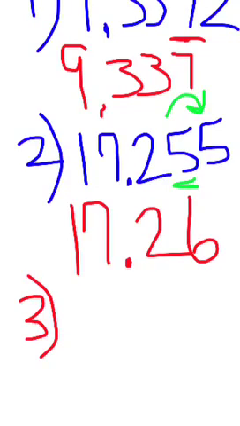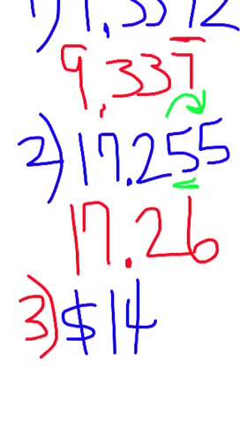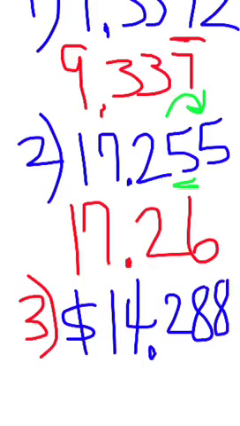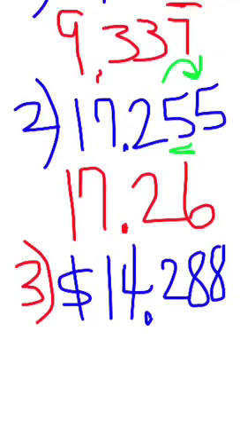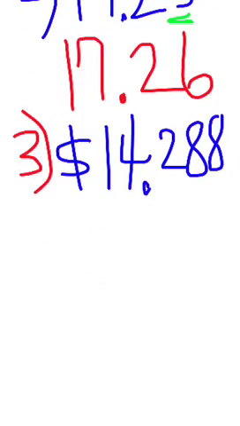One more problem. This time around, let's look at a dollar amount that we need to round. Let's say we have 14.288 in dollars, and we need to round this amount to the nearest cent.